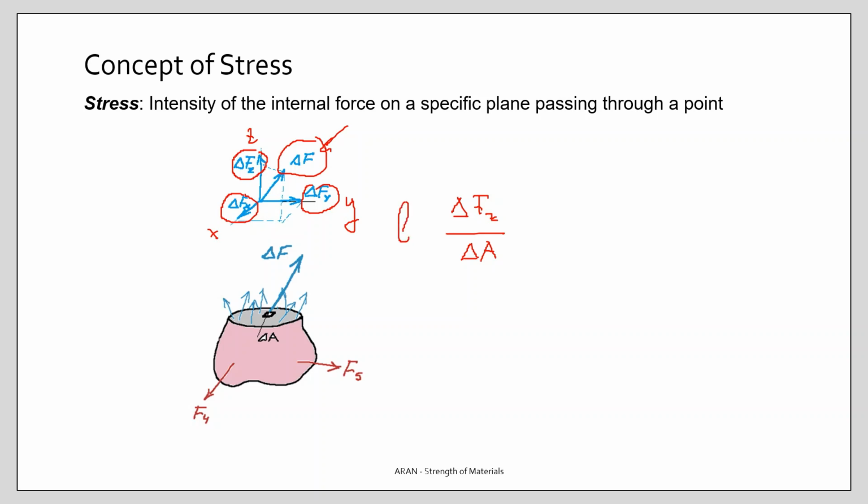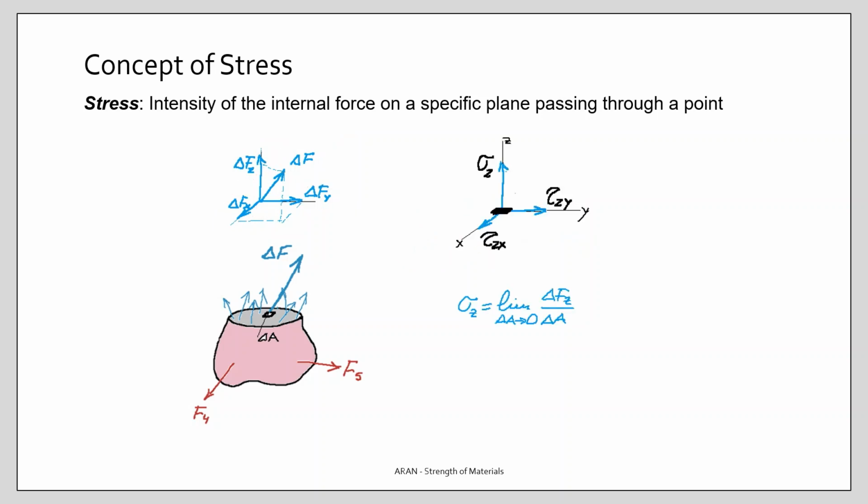And if you calculate the limit of this ratio for delta A approaching 0, then you find the sigma value, that is the normal stress in this point. Its direction is Z. This is how we calculate sigma Z on this small plane, and it's perpendicular to the plane.